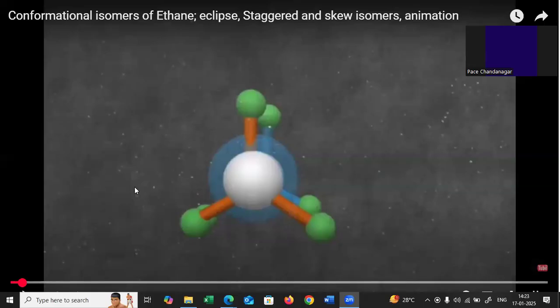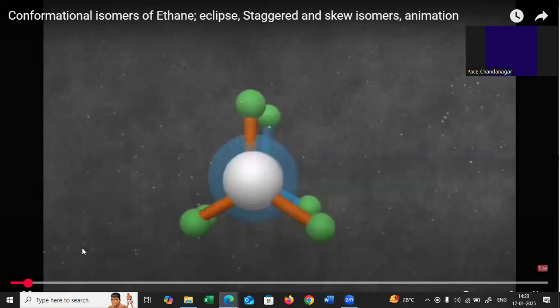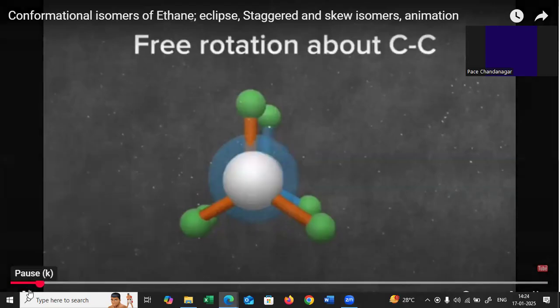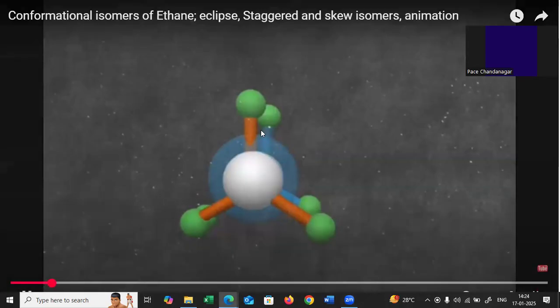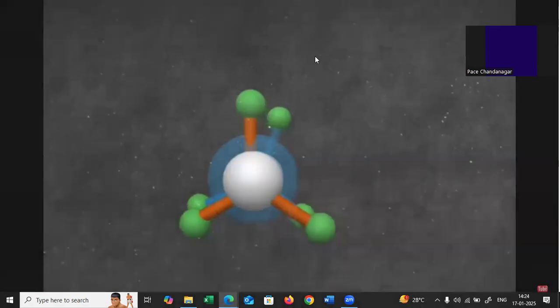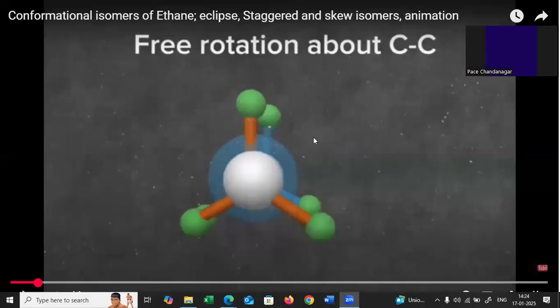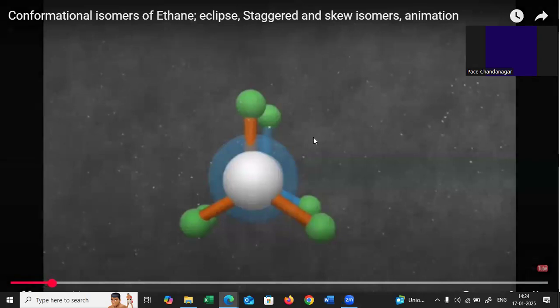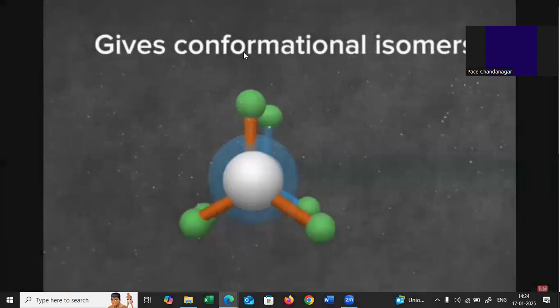So as you can notice this part, I'm just trying to give you a recap of these conformations which I'm showing you right now. These are the conformations of the isomer of these carbons which we are talking about.